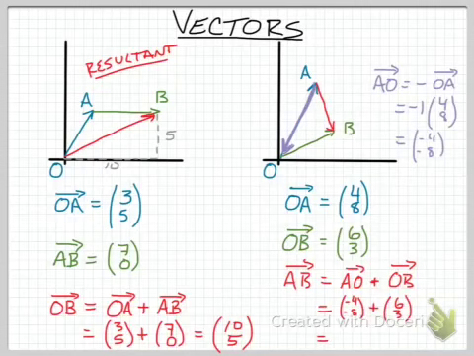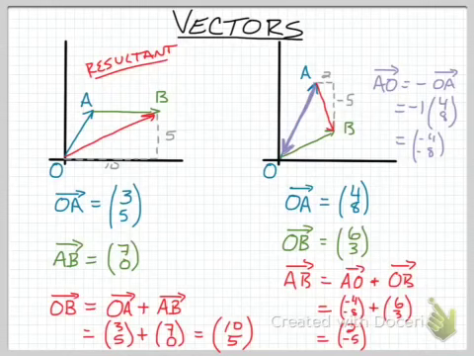We do our simple mathematics and we get the position of 2, negative 5. And if we count over and down, we can see that we did indeed move 2 spaces in the positive for our x and negative 5 spaces down for our y. So the resultant vector AB has the position of 2, -5.